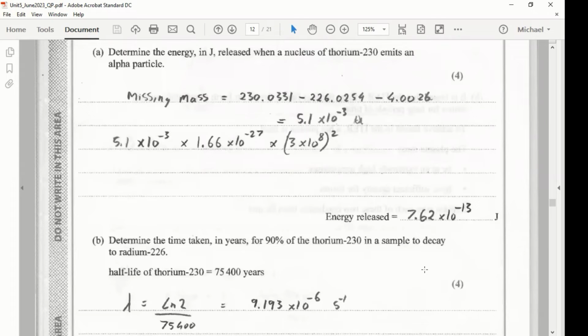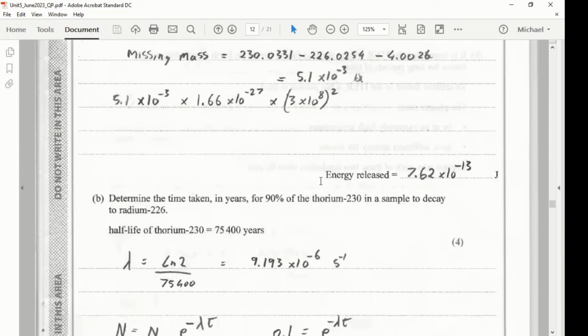After two half-lives, it would be down to 25%, and after three half-lives, it would be down to 12.5%. So to get down to 10%, the number's going to be slightly more than 3 half-lives. 3 times 75,000 is 225,000. The answer is probably going to be in the region of 250,000 years, just as a first guess.